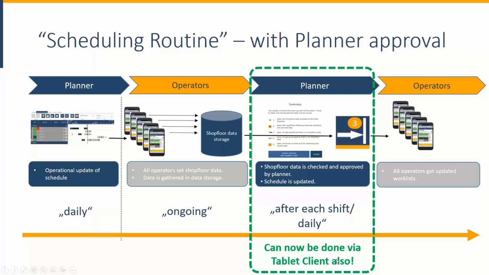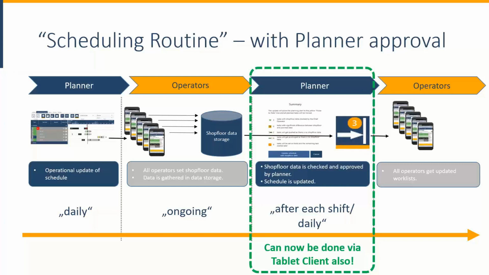So you do not necessarily need to be in the main client as the planner for approval, but you can do the approval as planner also on the tablet client. So the tablet client now becomes a very valid and solid option for the role of the planner. Okay, so that was the scheduling routine with the planner approving the shop floor data.